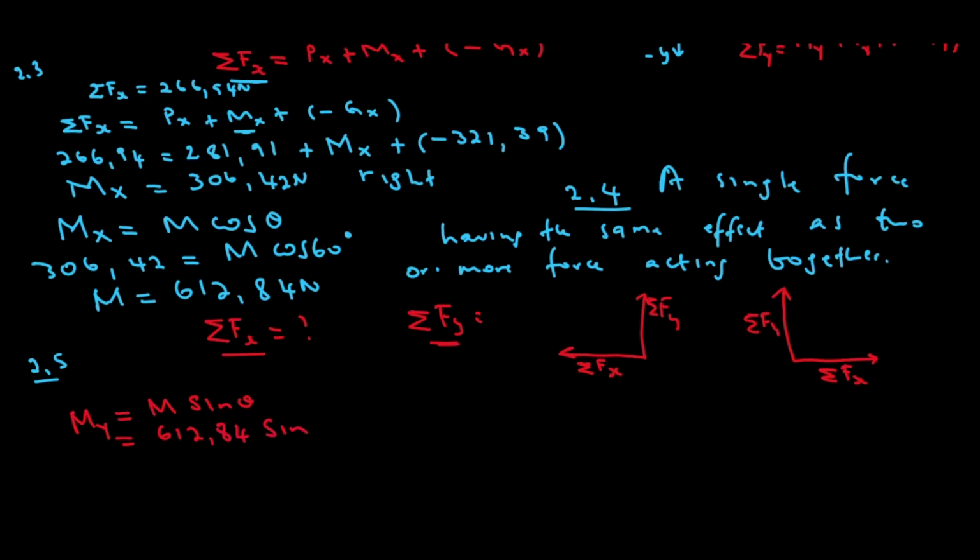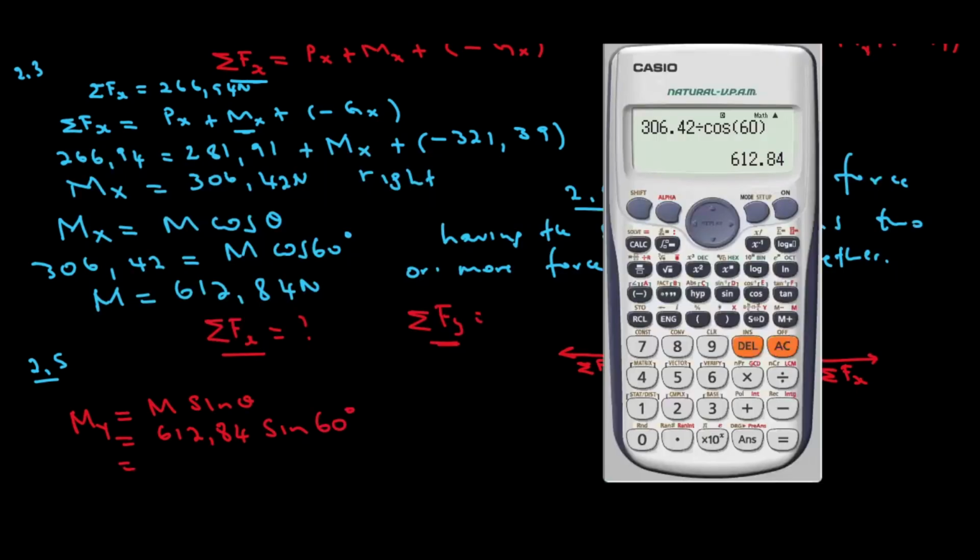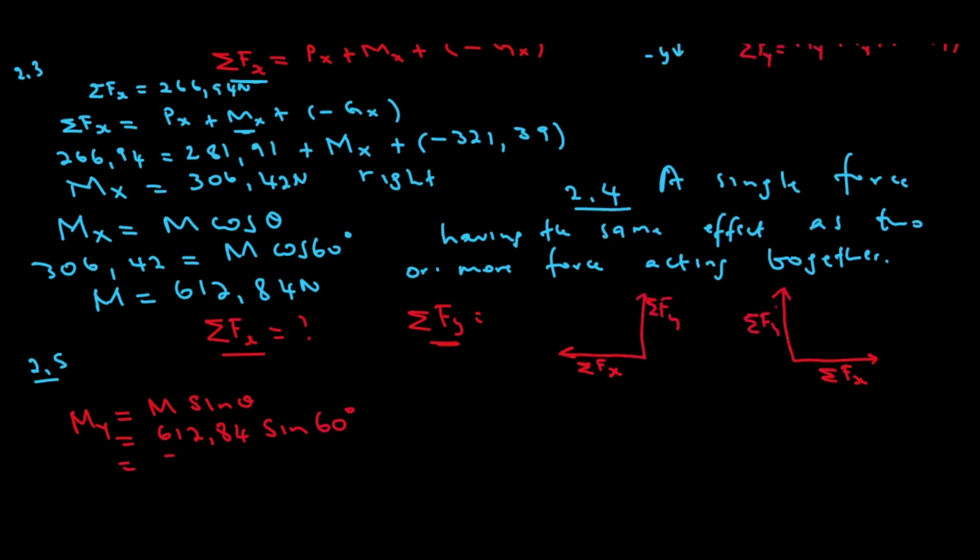So I did say the angle is 60 degrees, so this is going to be 60 degrees. And let me pull out the calculator, and this is going to be 612.84, right? Sine of 60. Okay, so I'm getting 530.74. So this is 530.74 newtons.